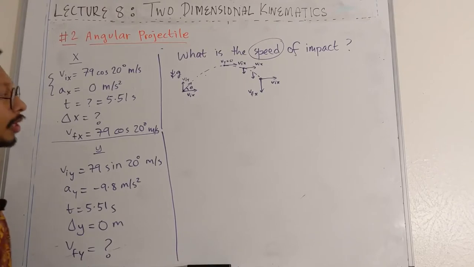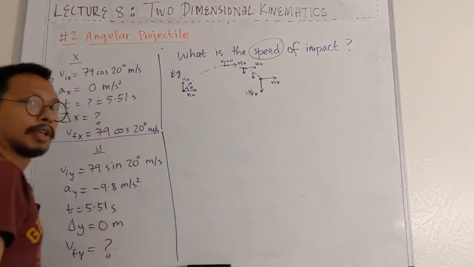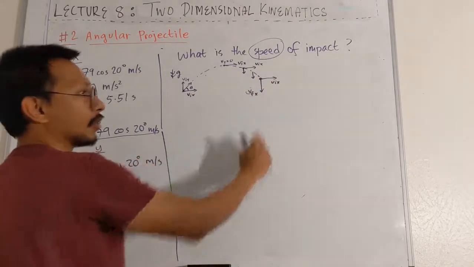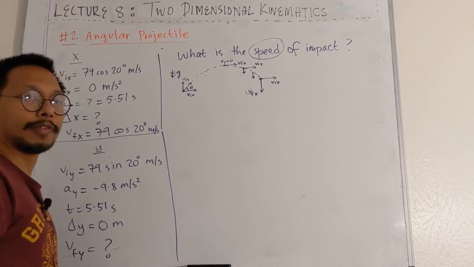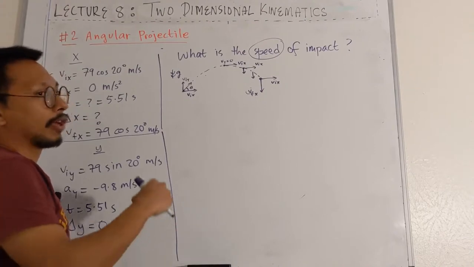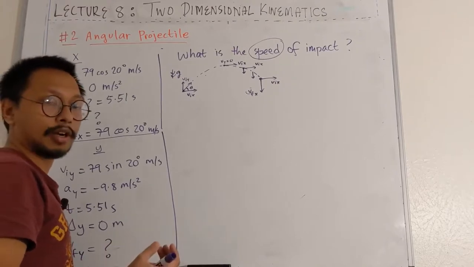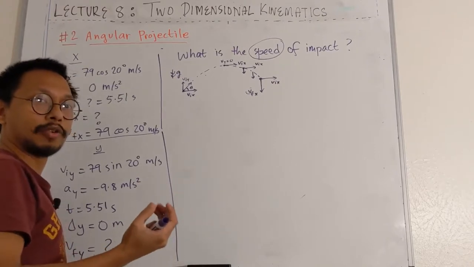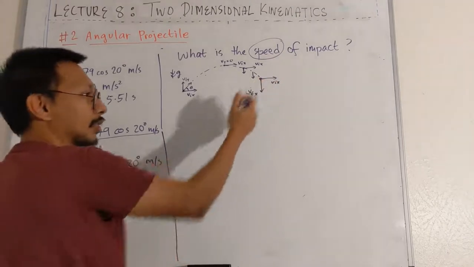First of all, we know that we have to first find velocity in the y direction, because we have velocity in the x direction already, and we know speed is the magnitude of the velocity. As we also know by now, velocity is a vector, and like any other vector, it has two components, one in the x direction, one in the y direction, and we already know its x component.